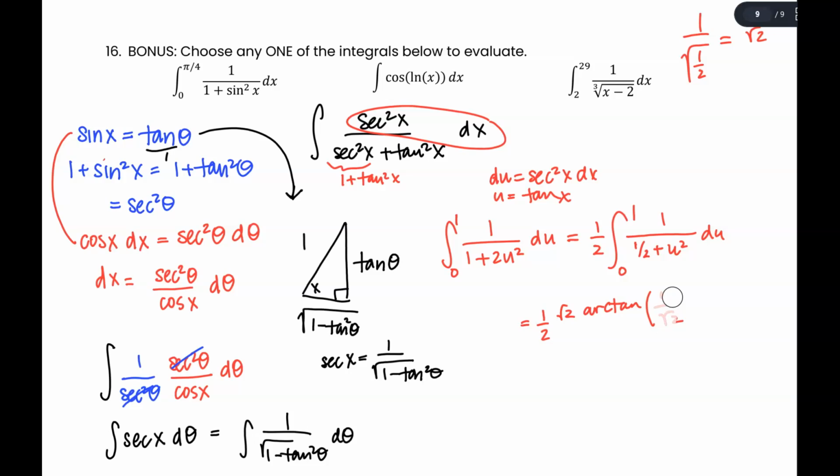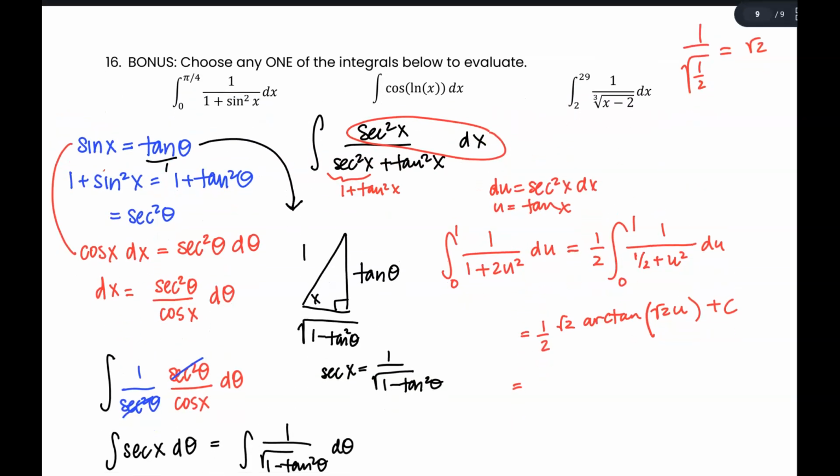Hold on. Root 2 u plus c. And our whole u is just tangent. Wait, that can't work. Oh, it can, because there's a root 2 in there, which means I can't undo it. We're good. Root 2 over 2 arctan of root 2 times tan of x plus c.